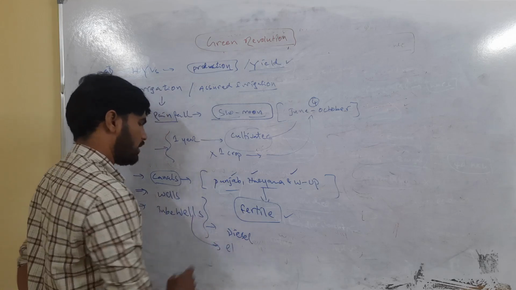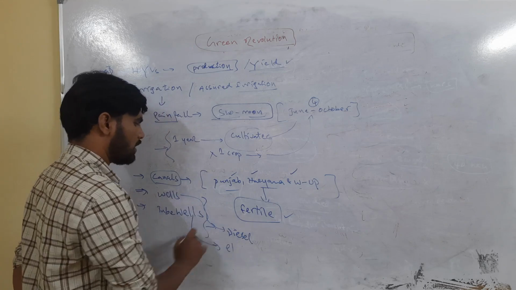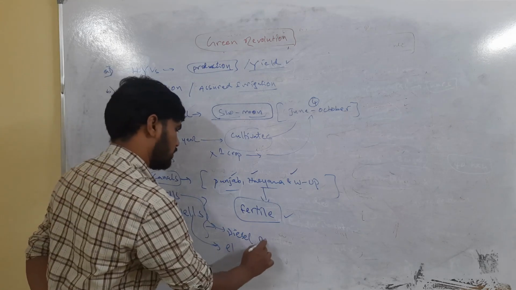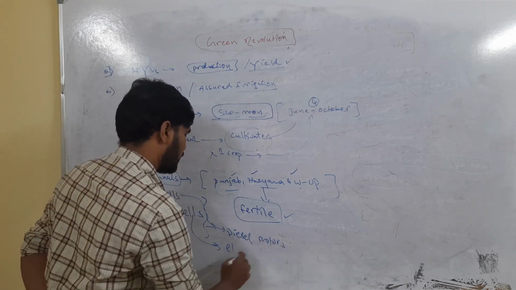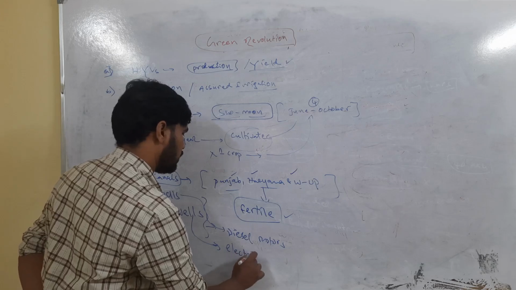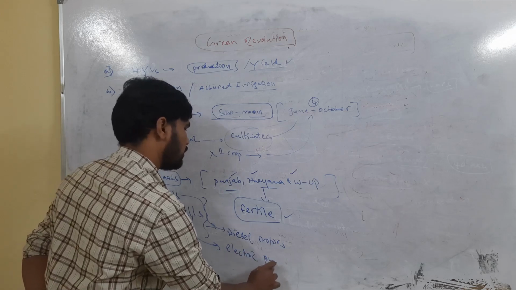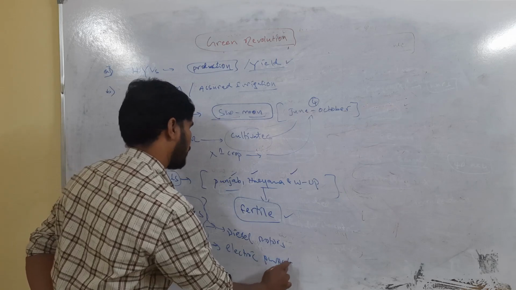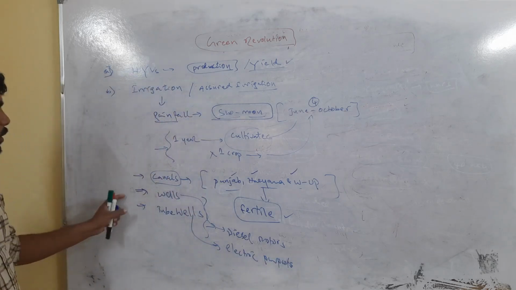Tube wells require electricity and normal wells require diesel motors. So, motors and electric pump sets. In this way we try to provide irrigation.